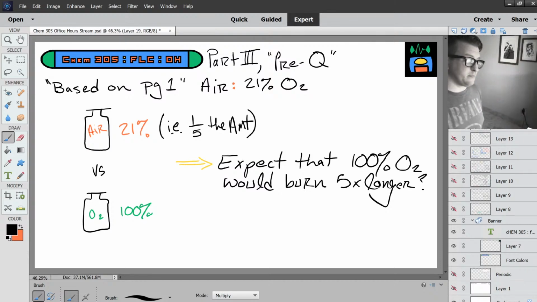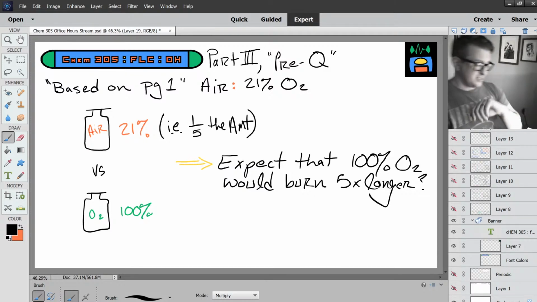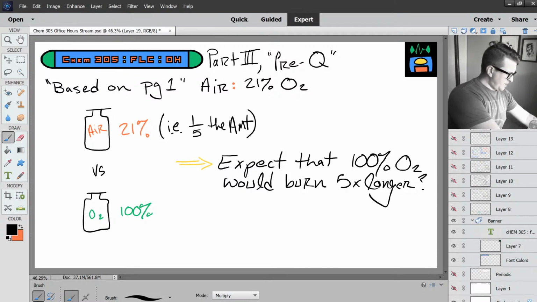That's not the case, but that's what I would expect. And there's a kind of logic to it. You can see, like, oh, well, there's 5 times as much, so maybe it'll burn 5 times as long. Turns out it burns hotter and faster and quicker. But that's based on the information on page 1. That would be my best. That's the answer that I think they're trying to lead us towards there. Let me know if that makes sense.